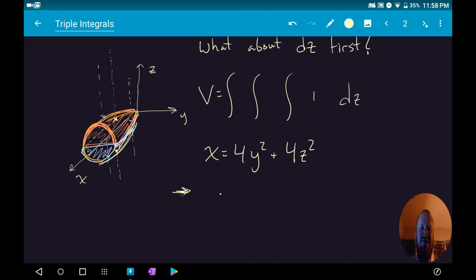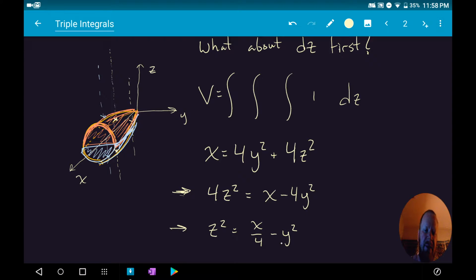So putting it in terms of z, I can get something like 4z squared is equal to x minus 4y squared. And then z squared is equal to x over 4 minus y squared.